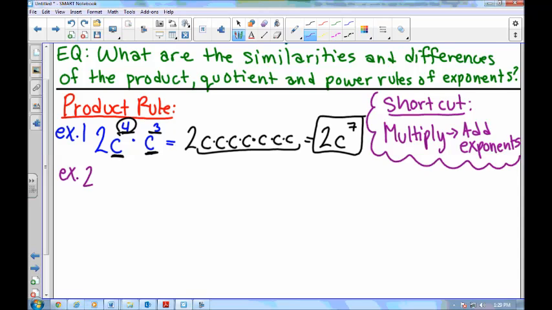Example 2. Let's see, someone at the end of the alphabet. Caitlin, what's your favorite letter?